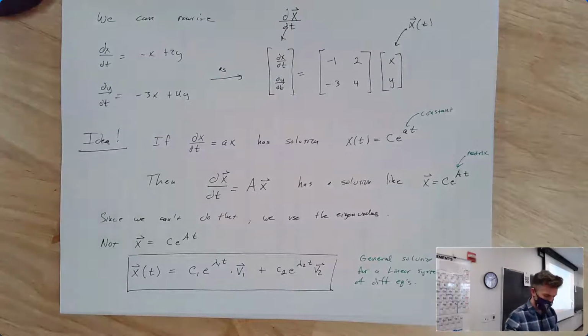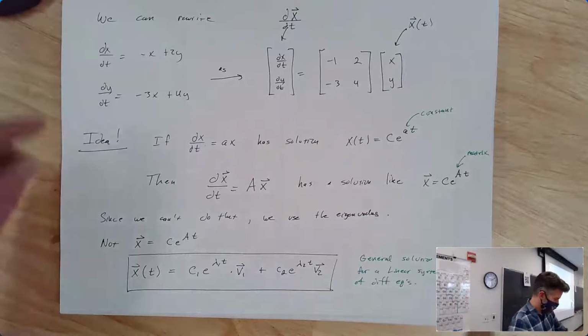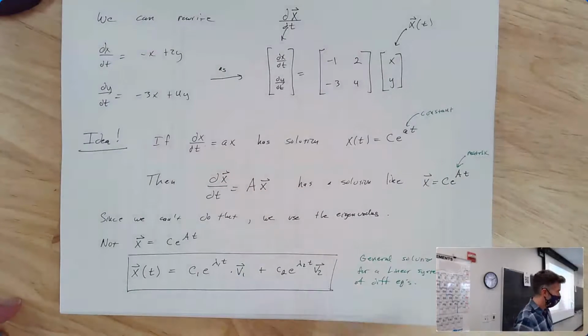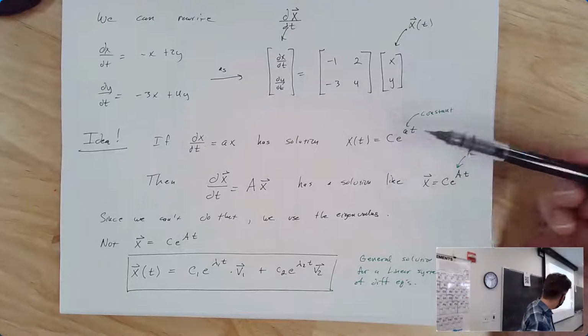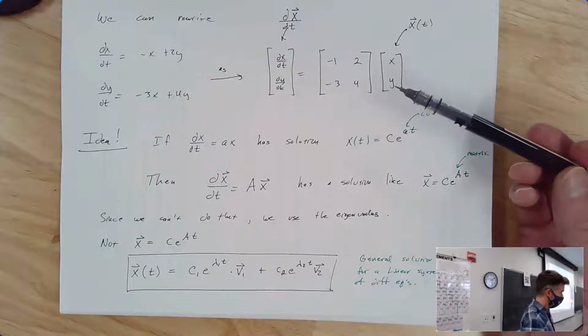So let's go back and look at the system we were dealing with, which was this here. We already know the eigenvalues and the eigenvectors for this matrix, so we're just going to write it out.